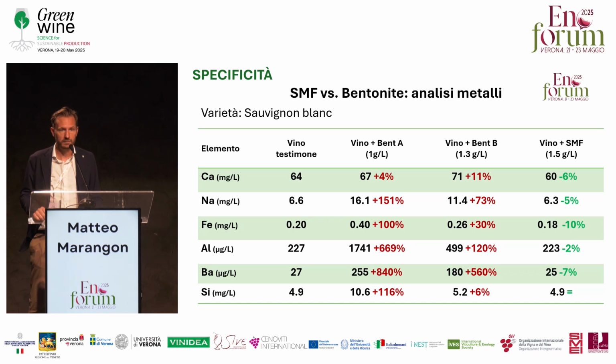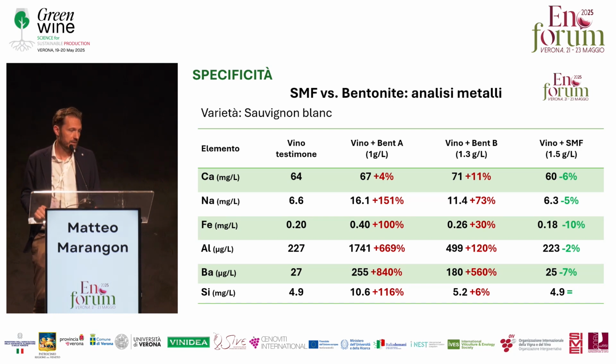We know that bentonites release metals into the wine of various types. In some cases, in a significant degree, you see barium, for instance, has a major increase, while silica generally do not release metals. They are artificial products which have been properly cleaned before being used.